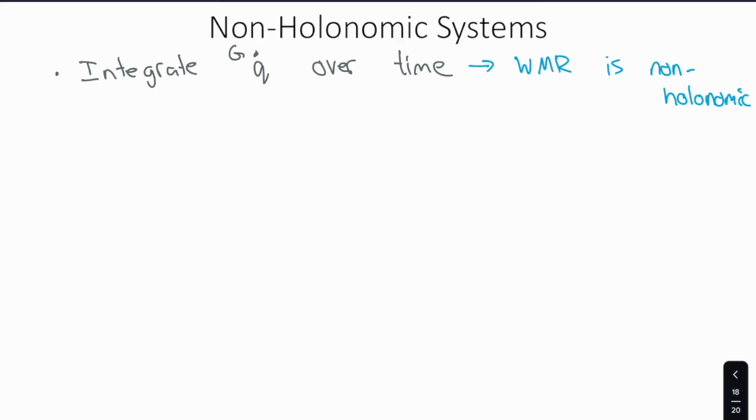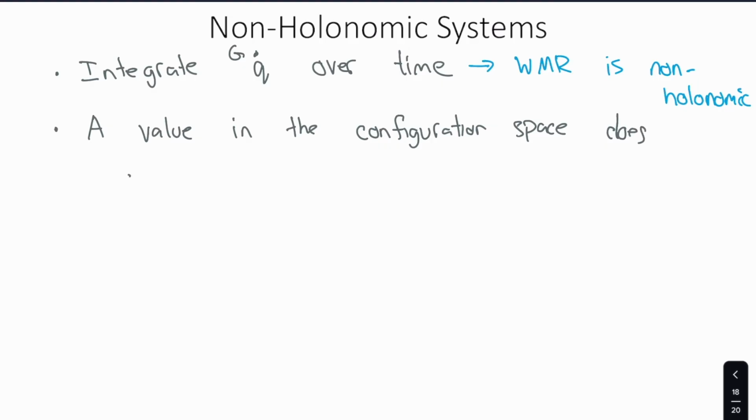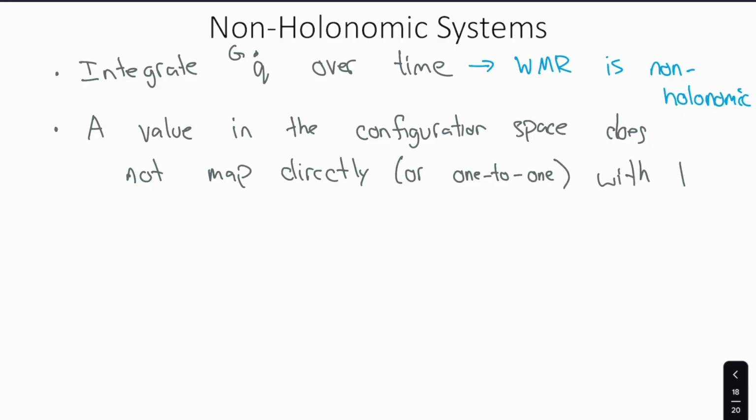What that effectively means is that a value in the configuration space does not map directly or one-to-one with a value in the task space.